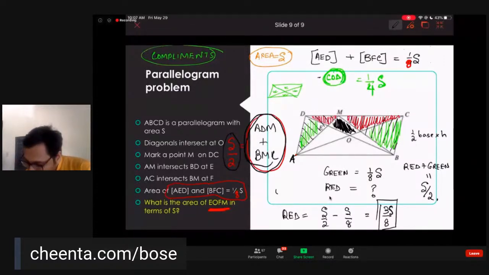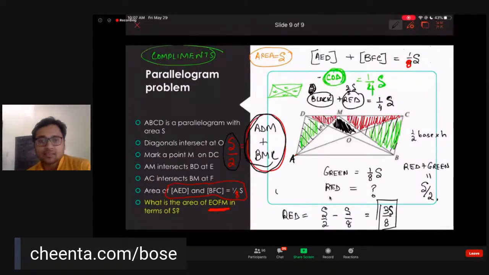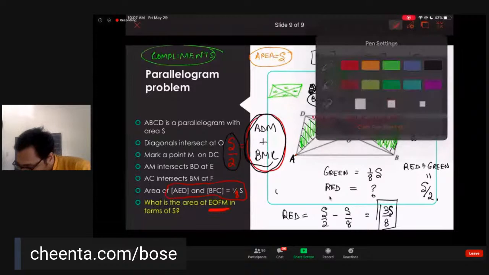Okay. So we are ready to talk about the black portion. Black plus red is 1/4 S. We know that the red part is 3/8 S. So you can now finish this up. Can anyone tell me what is the black part now?